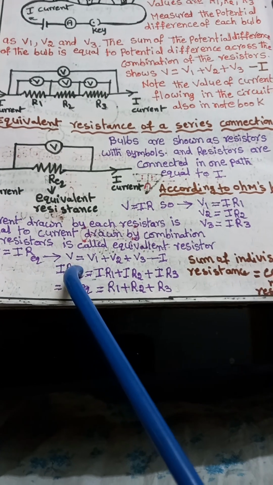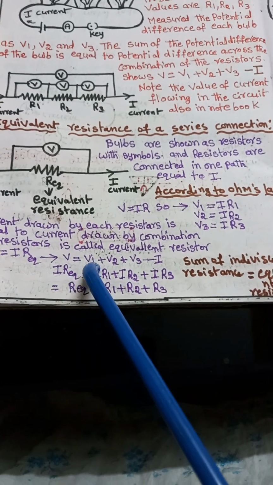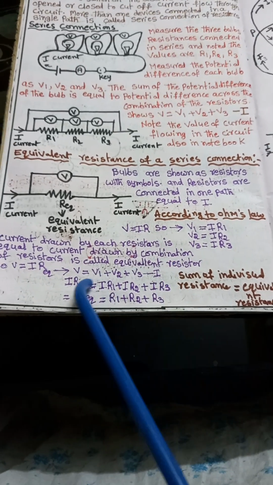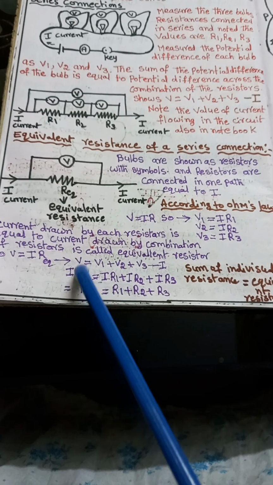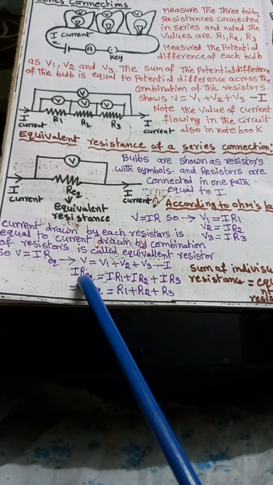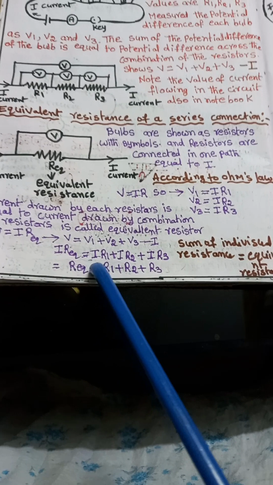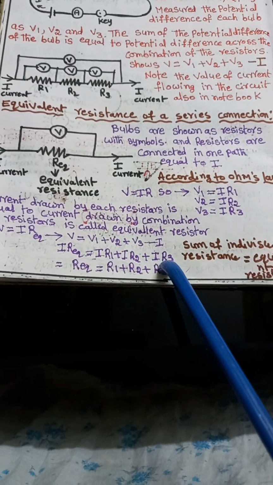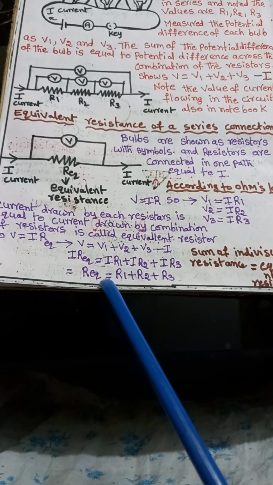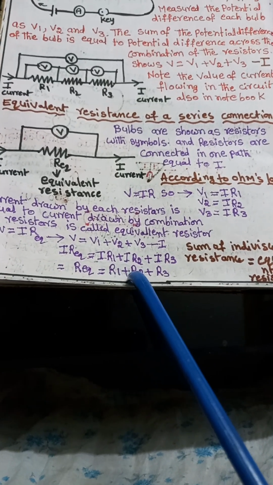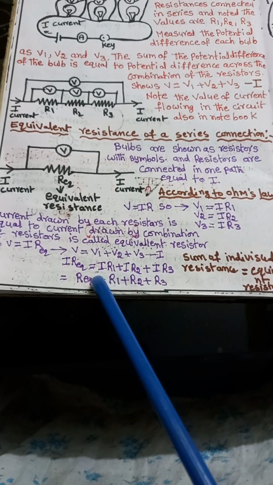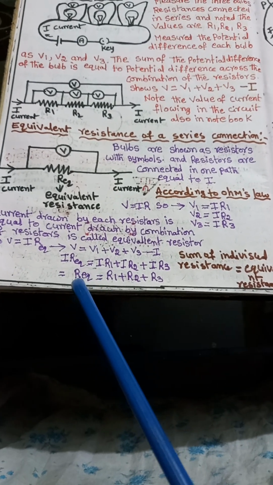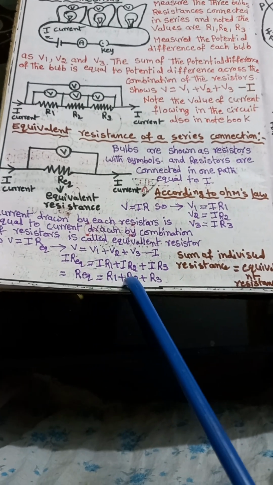V is equal to V1 plus V2 plus V3. This is the first equation. So I times the equivalent resistance is equal to IR1 plus IR2 plus IR3. I is cancelled, so we get the equivalent resistance is equal to R1 plus R2 plus R3.